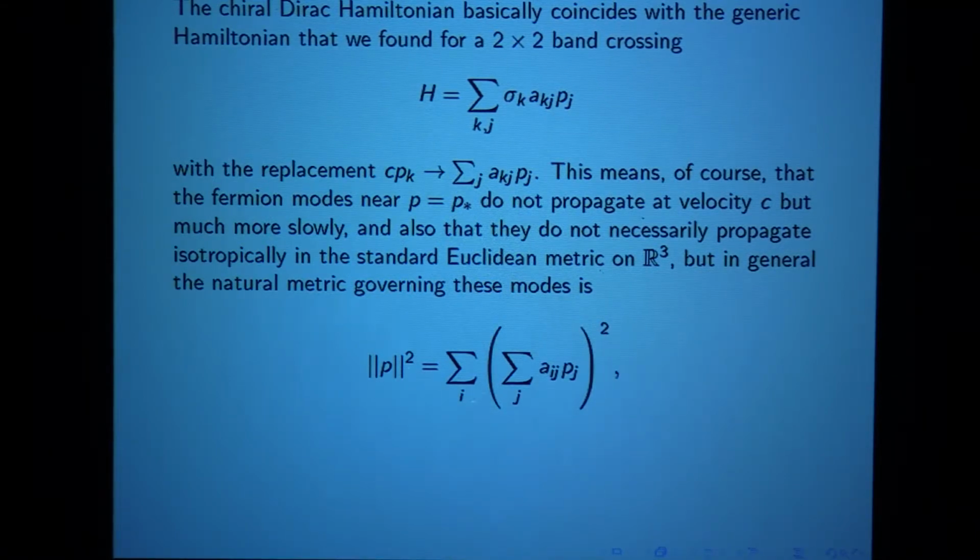So the natural metric that governs these modes is like so. Or in other words, the effective metric seen by this Weyl fermion is this one. So generically it will propagate, of course, much slower than the speed of light, but also anisotropically in our crystal. It will propagate anisotropically because since we assume no particular crystal symmetry, it has no reason to propagate isotropically.